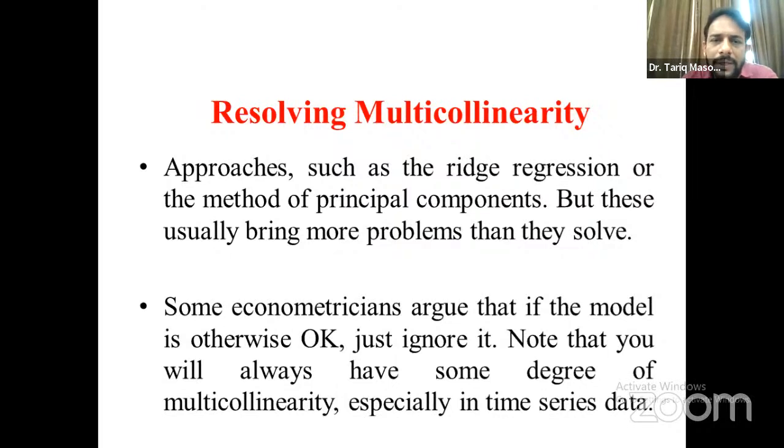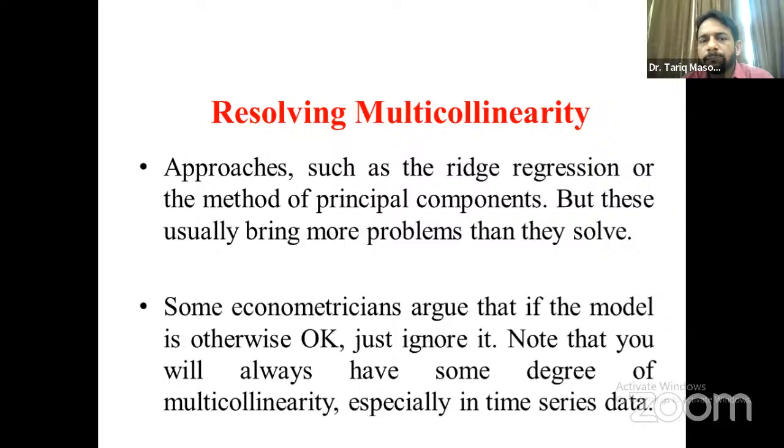This is one method, but there are a number of problems involved with these solutions, because each and every variable matters. And as I said, multicollinearity is basically a problem of data. It is not a problem of population. It is not a problem in theory. It is a practical problem that we face at the time of estimation due to the data in hand.